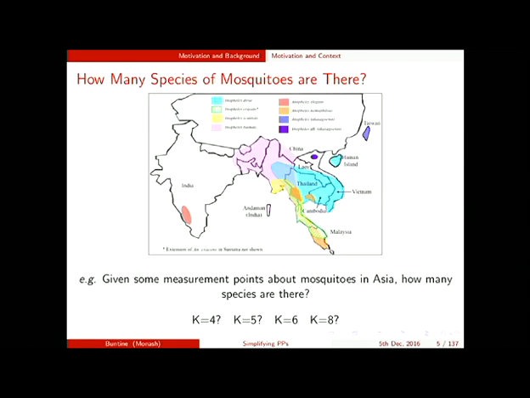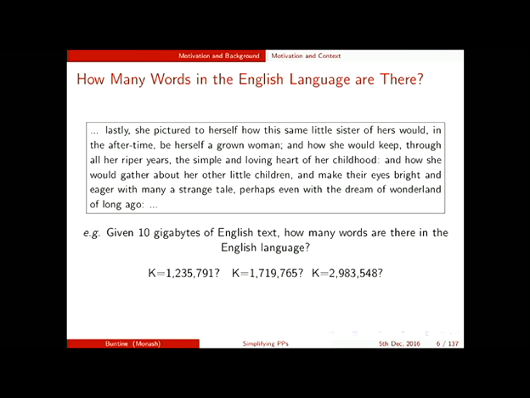So what do we mean by an unknown number of parameters? This is the way I usually like to think of it. In this case, there's some fixed number of mosquitoes, right? But we just don't know it. Is it 8? Is it 10? Well, we're not sure. Maybe every millennia or so a new mosquito might arise, but not a big deal. In English, we all know better. For every gigabyte of text you get in a corpus, you get more words. They never stop coming.